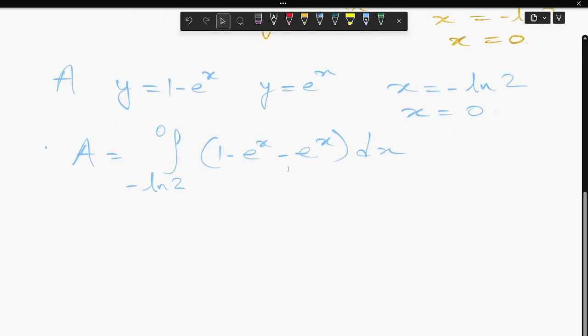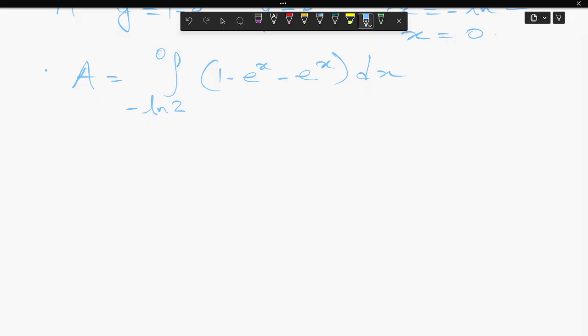So that will be the integral from minus ln 2 up to 0 of (1 minus 2 e to the power x) dx.